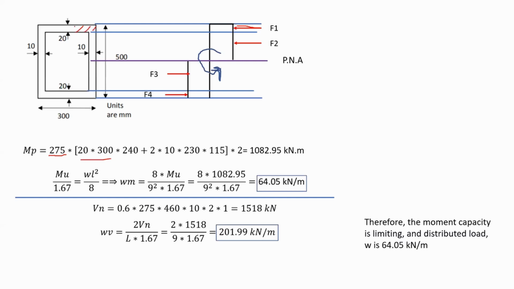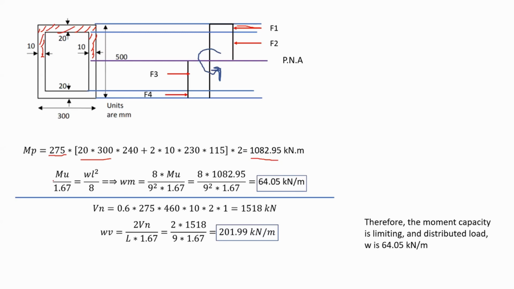So this area, for example, goes to F1. Then you have F2, you have this area and that area. Similarly, F3 would be equal to F2, and F4 would be equal to F1. If you set the whole equation properly, you would find that Mp, the plastic moment capacity of this member, equals 1082.95 kilonewton meters.